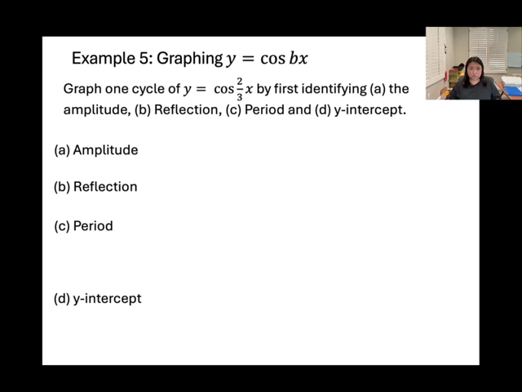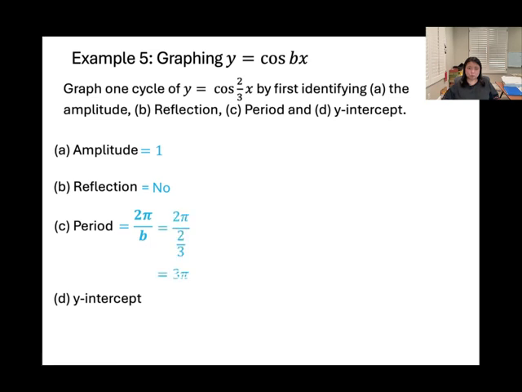Okay, check it. Amplitude A equal to 1. And then do we have a reflection? No, right? Because this is a positive. And then period 2 pi over b. Your b will be equal to 2 over 3 here.